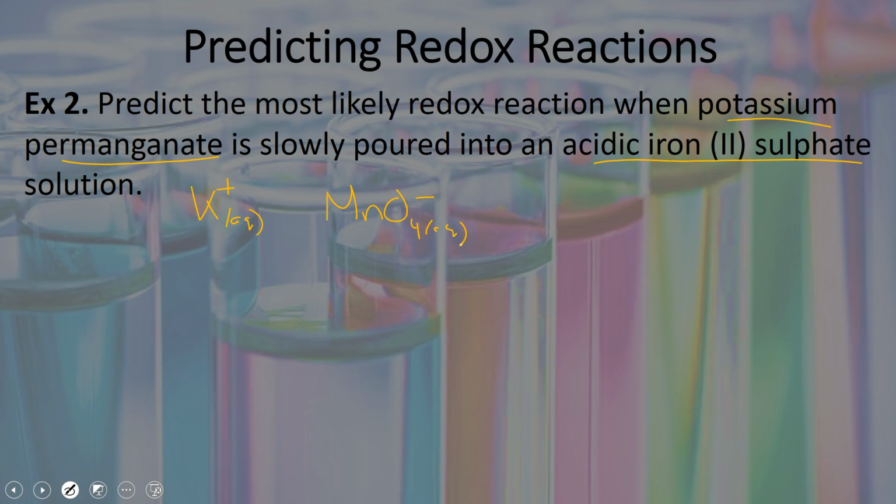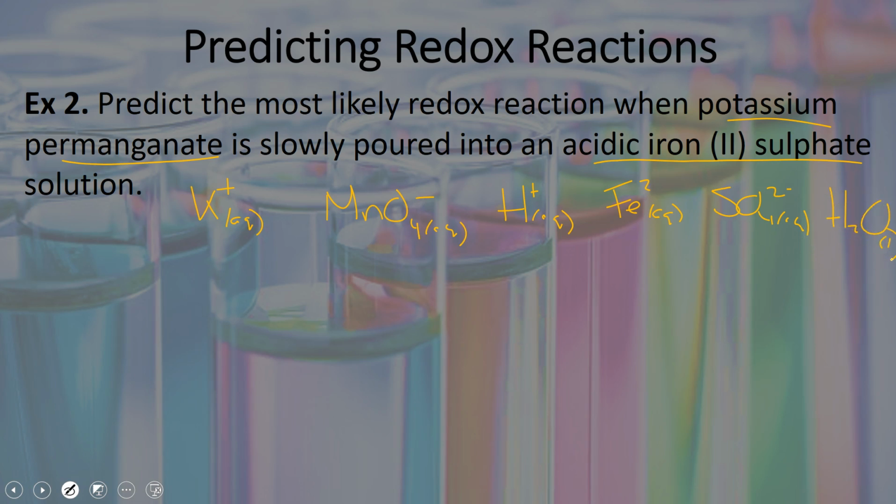As soon as I see acidic, what do I have to add as part of my list? H's, right? Aqueous. Iron 2, that's telling me the charge on iron when it dissociates, so it's Fe2 aqueous. Sulfate, SO4 2 negative aqueous. And lastly, these are occurring in solution, so I need to add water.